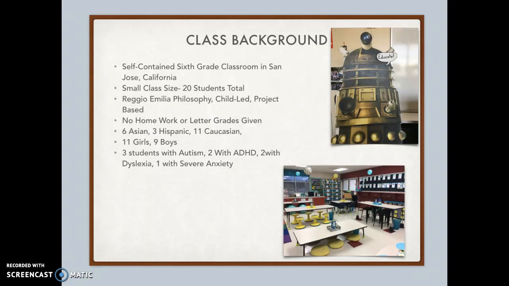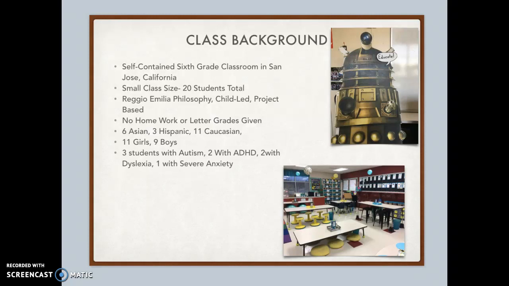So, for example, when we're studying Egypt, we might decide to make a life-size sarcophagus, or if we are studying ancient Mesopotamia, the kids might read the Code of Hammurabi and then as a class create their own code, kind of based off Mesopotamian laws.